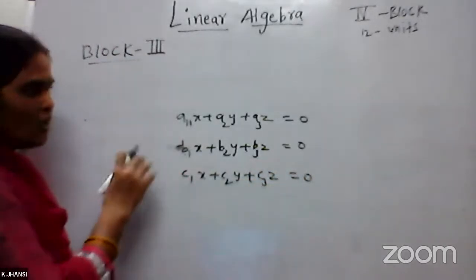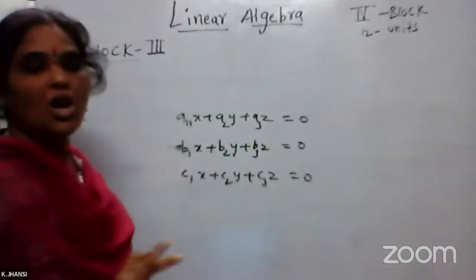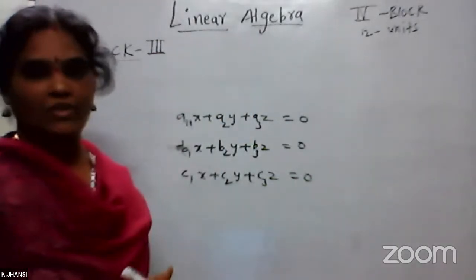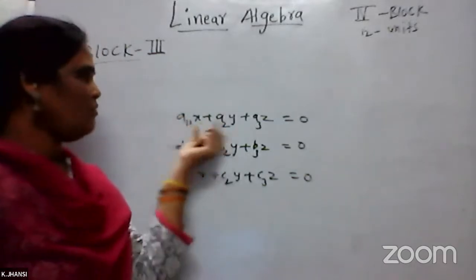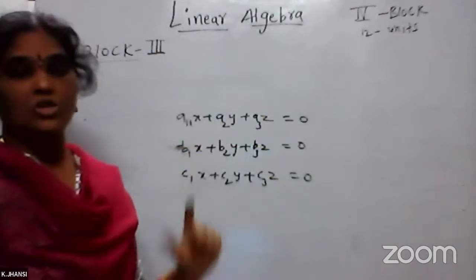Okay, so whatever these equations are, linear algebra is also called the study of linear equations. Whatever these are, they are also in the form of linear combinations of vectors.